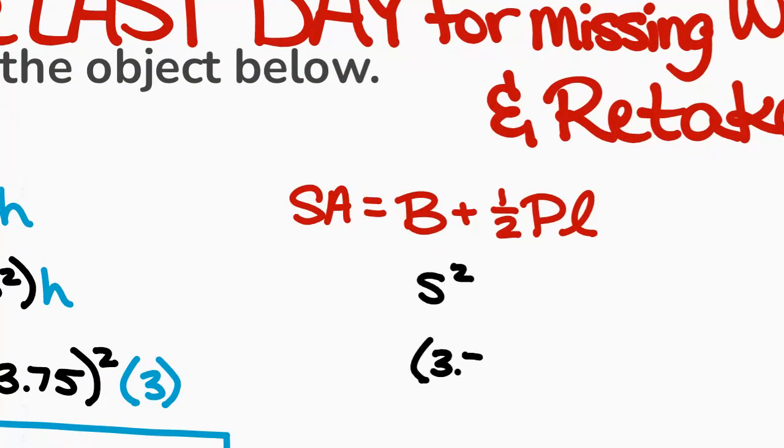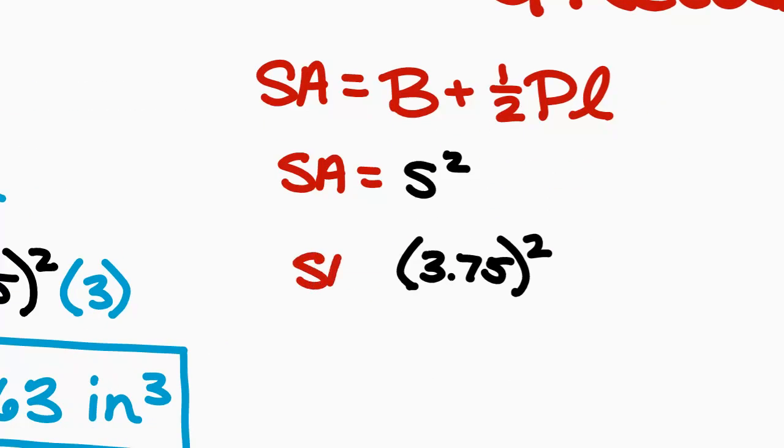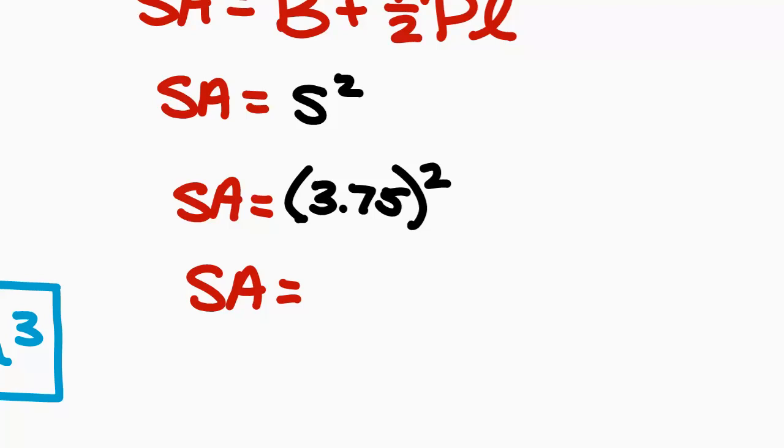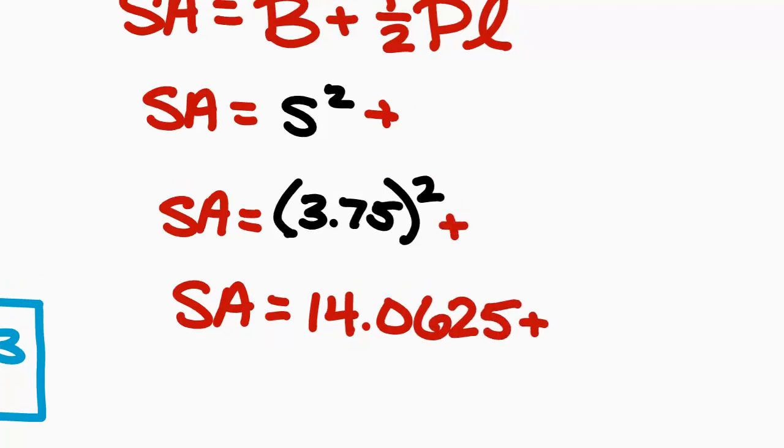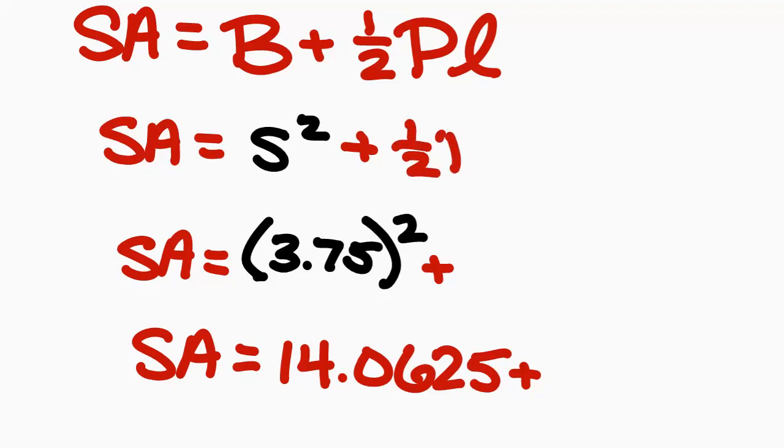So that would be 3.75 squared. What is 3.75 squared? 14.0625.